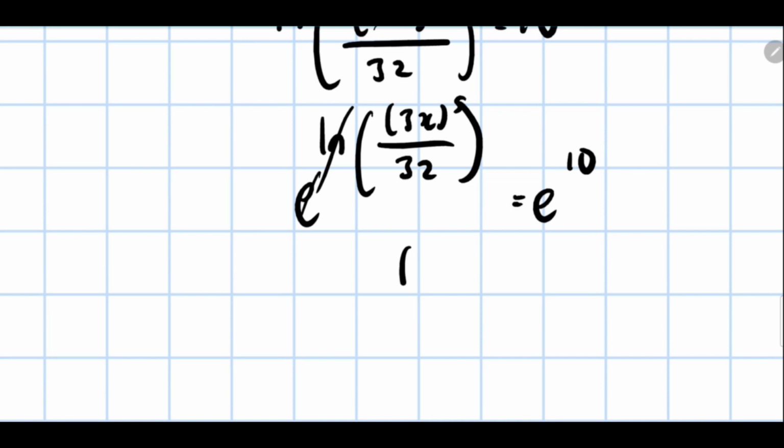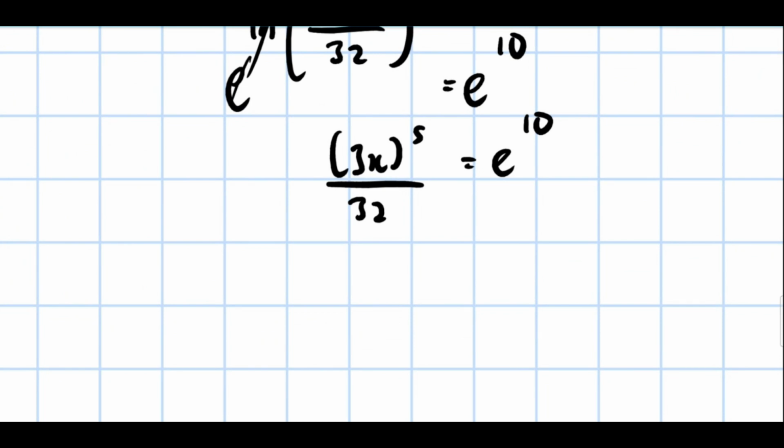Now we are left with (3x)^5 over 32 is equal to e^10. By rearranging this, (3x)^5, and we know that 32 is equivalent to 2 to the power of 5, so 2^5 e^10.